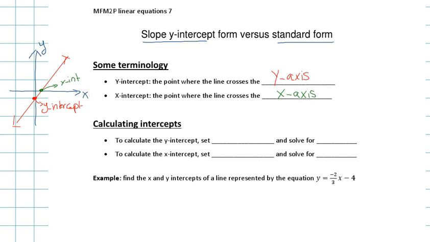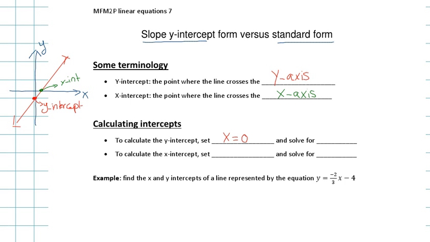Now, if you are given an equation of a line, and they're asking you to solve for the y-intercept, you have to set x to what? You have to put x equals 0.